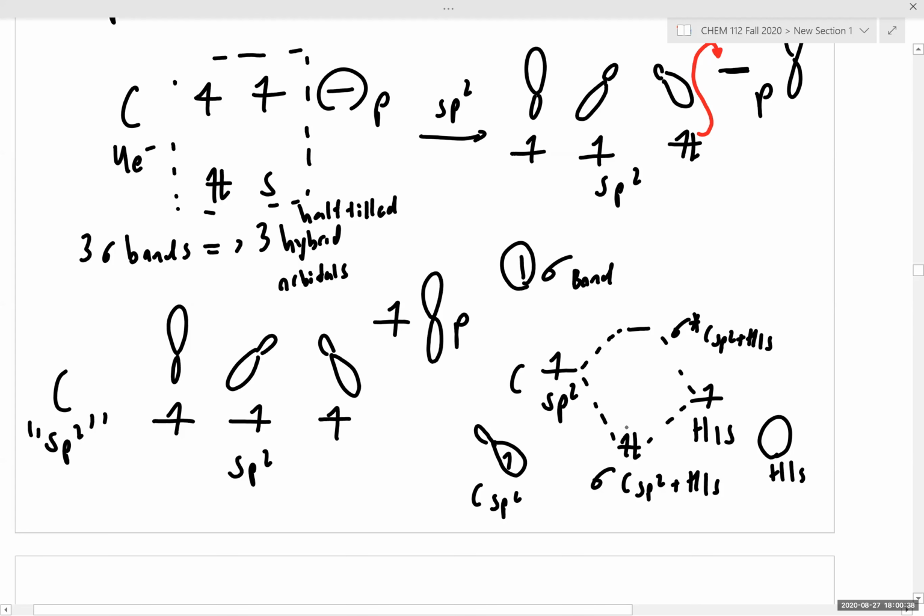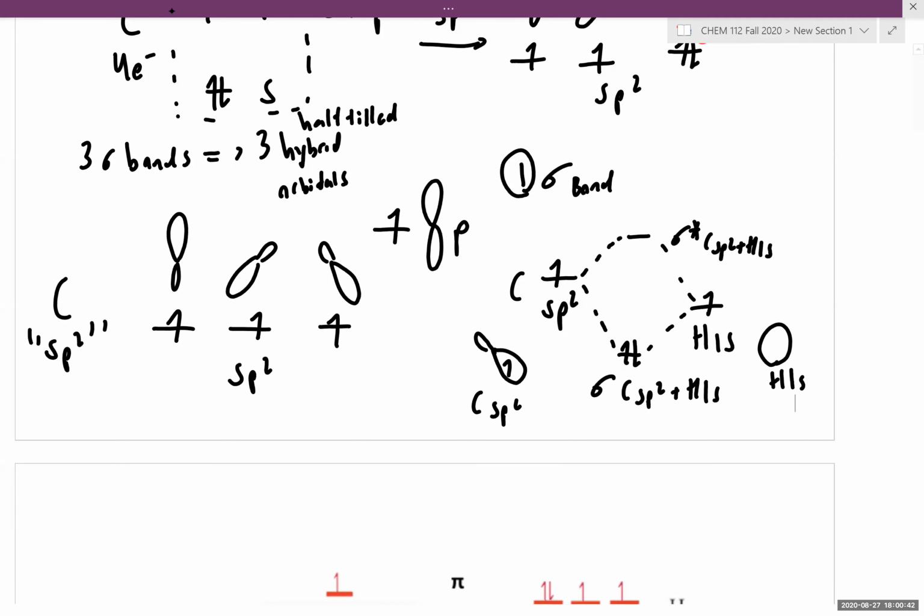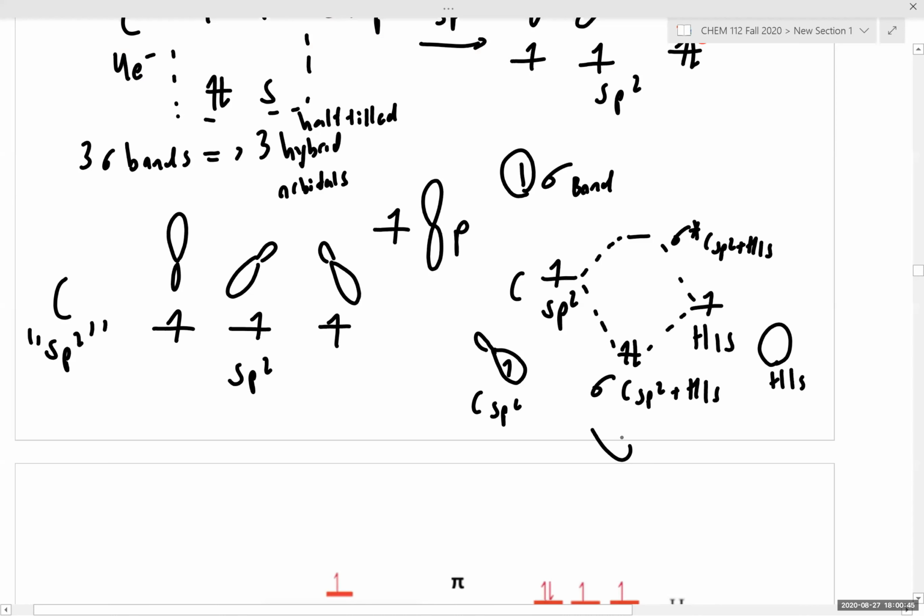And so for our orbital overlap, when these 2 orbitals overlap to form a bonding orbital, we will have a constructive overlap between our carbon sp2 and our hydrogen 1s. For our antibonding orbital, rather than sharing electron density, there is no electron density between our carbon and hydrogen atom.